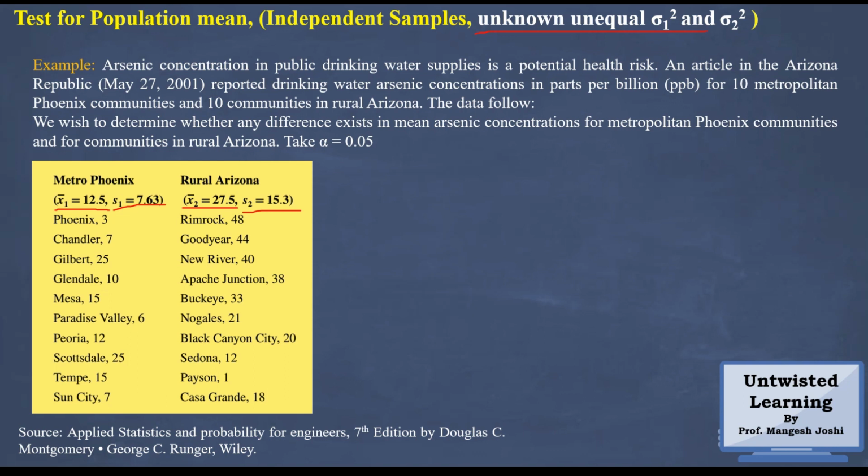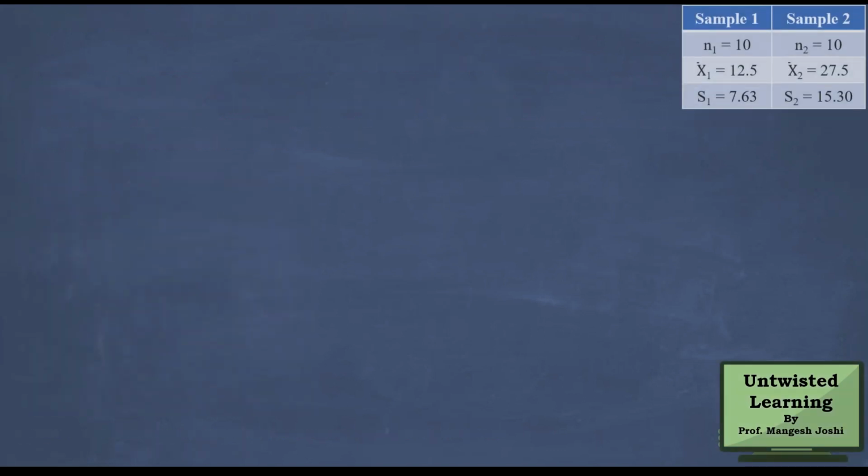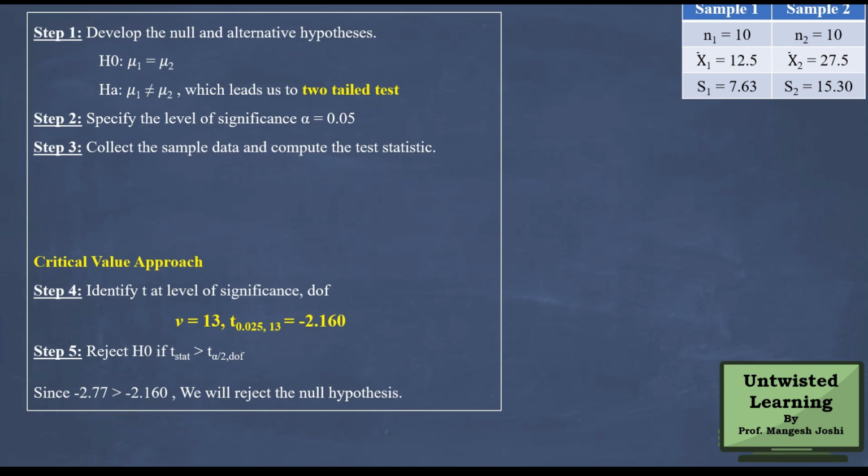So there are a total of 10 communities in rural and 10 communities in metropolitan, right? So let us see step by step.